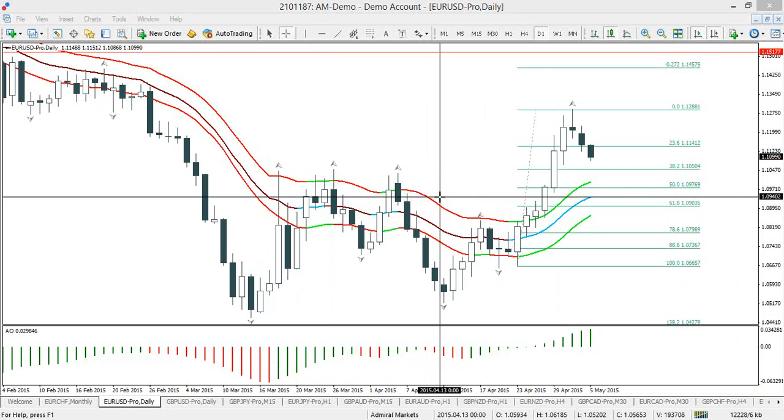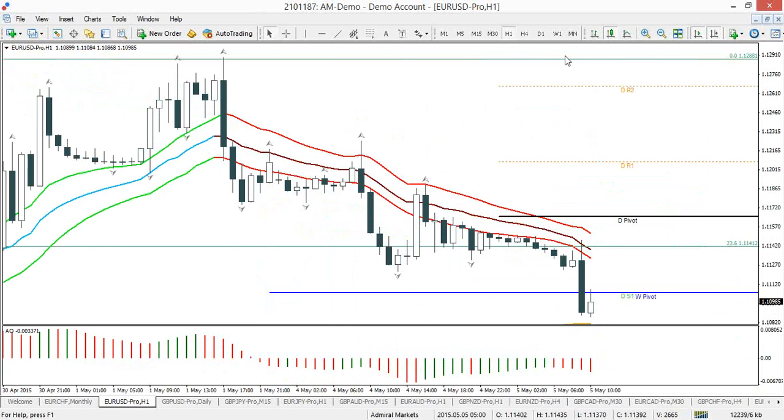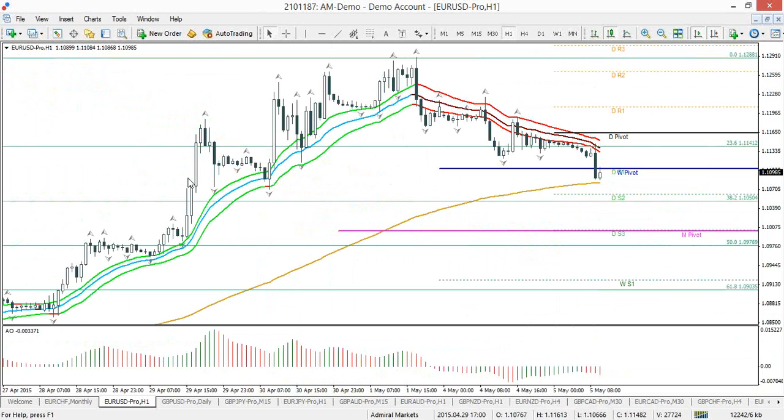Let's see, is an ending diagonal in wave 5? Well, ending diagonals are ones where you, of course, are reaching the top point. Indeed, so this indeed could be one.